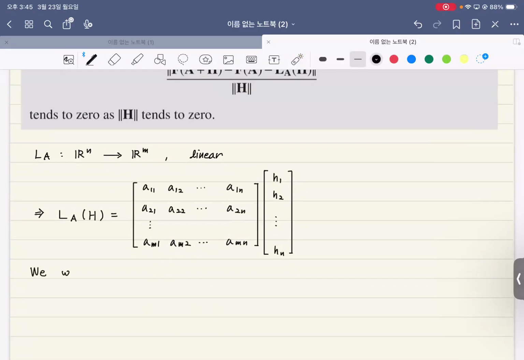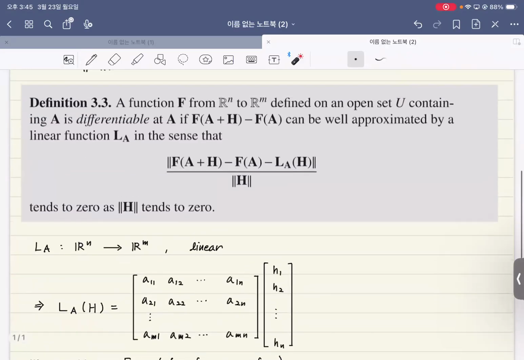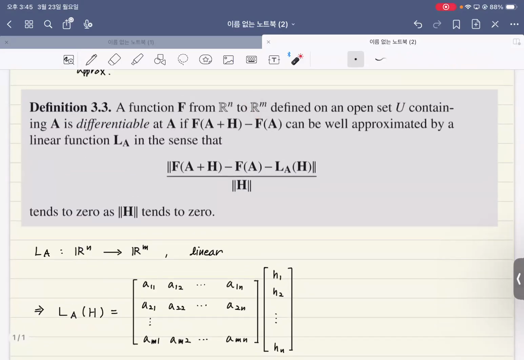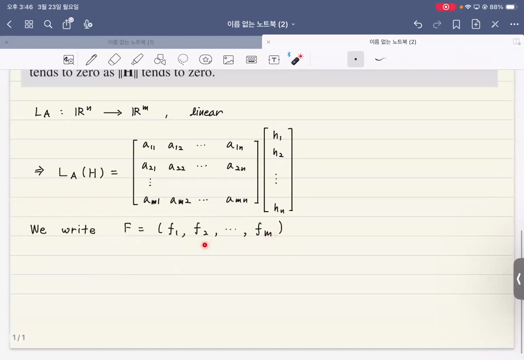We write my function f as f1, f2, up to f_m. Why? Because f(x) is an m-dimensional vector. Therefore, this function f must consist of these m component functions.